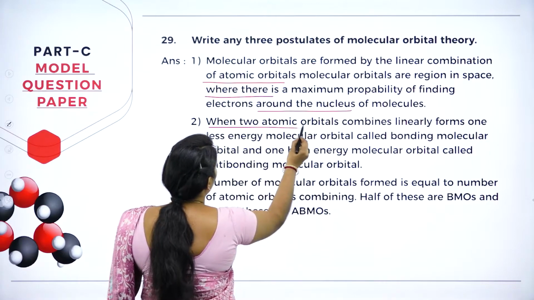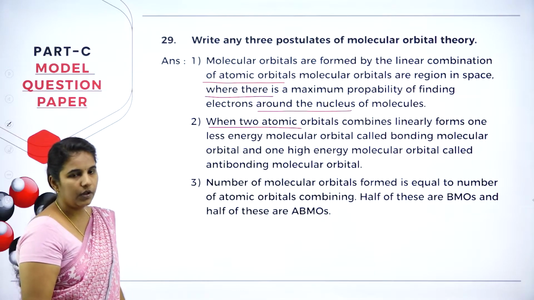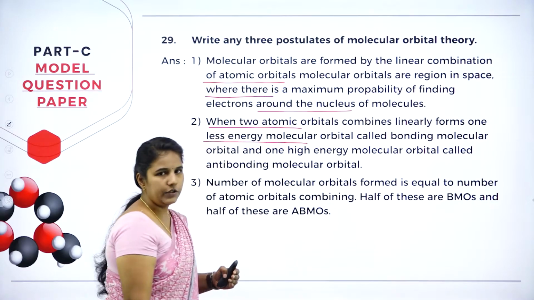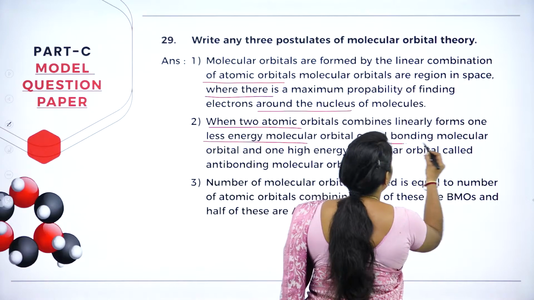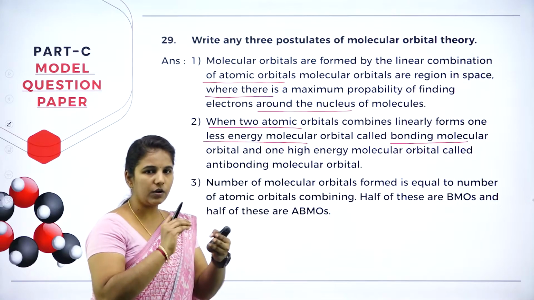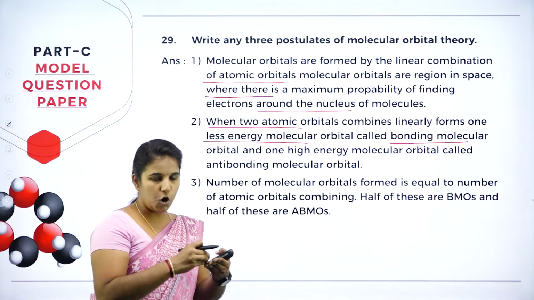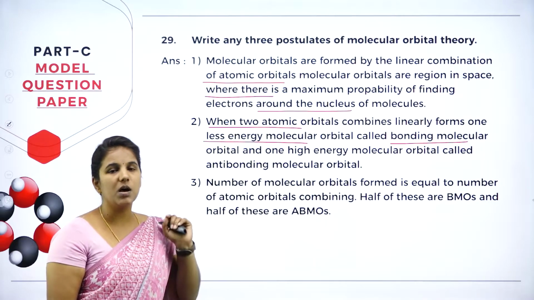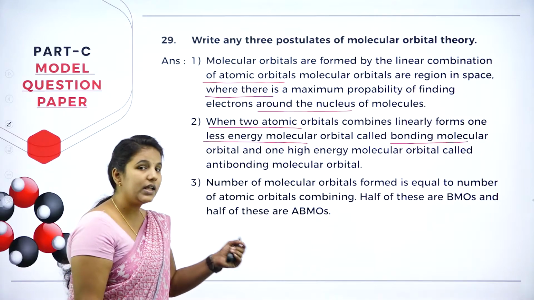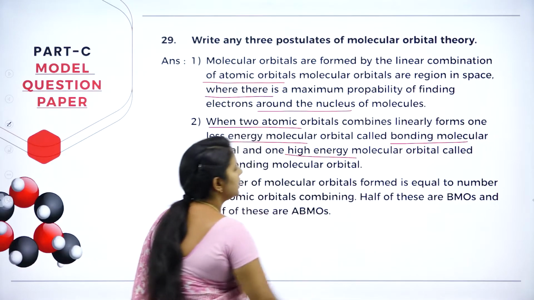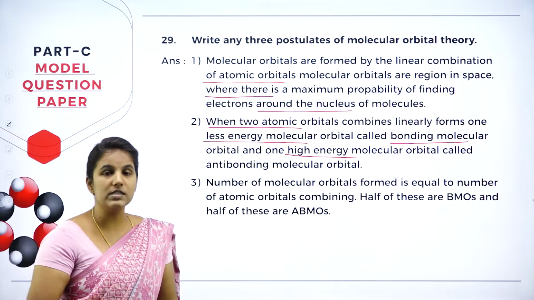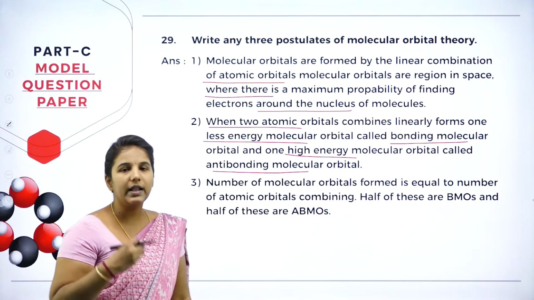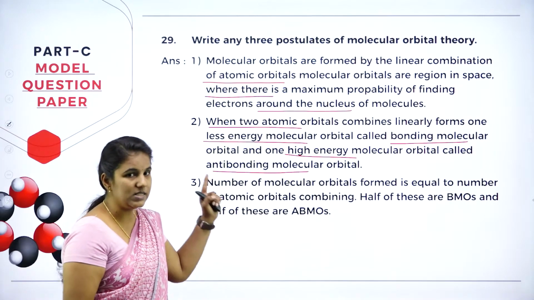Also, when two atomic orbitals combine linearly and form a lower energy molecular orbital, it is known as a bonding molecular orbital. They can also form a higher energy molecular orbital, known as an anti-bonding molecular orbital. This is the second postulate.